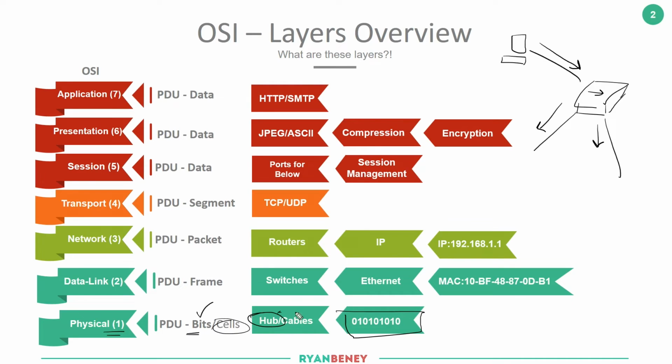We also have our cables here. So we have our copper cable, and we have fiber cable, and we also, ironically, have wireless at the physical layer.